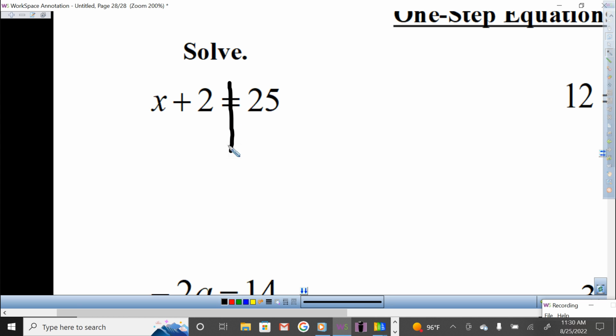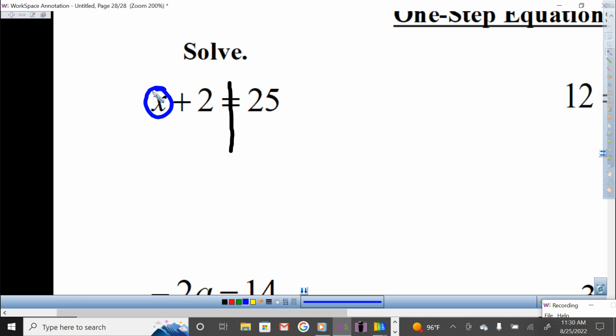There it is. Now I have one side and the other side, yes? I ask the question, can I simplify the left side anymore? Can I combine or do anything here? No. Can I do anything on the right side? No. So I go to step 2. Isolate the variable. What does that mean, Mr. Q? That I need to leave the variable by itself using inverse operations.